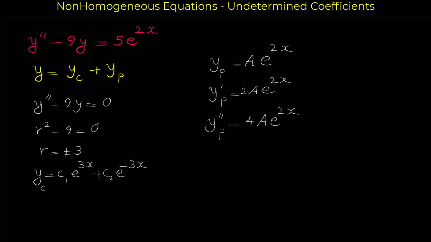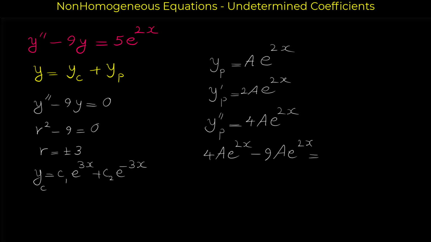Similar to the first step, if we take the derivative of this, the derivative of e to the 2x again is e to the 2x multiplied by the derivative of 2x, which is 2. 2 times 2 is 4. Now if we plug this in for y double prime, we have 4a times e to the 2x minus 9 times this.